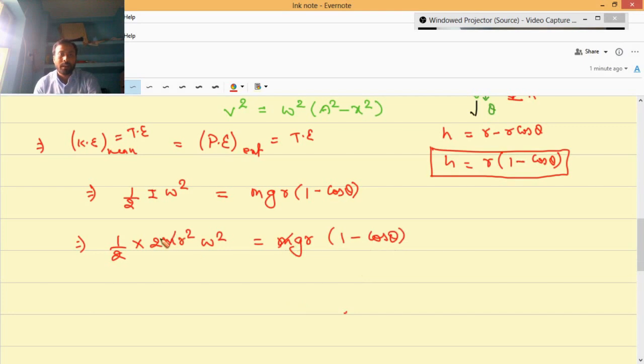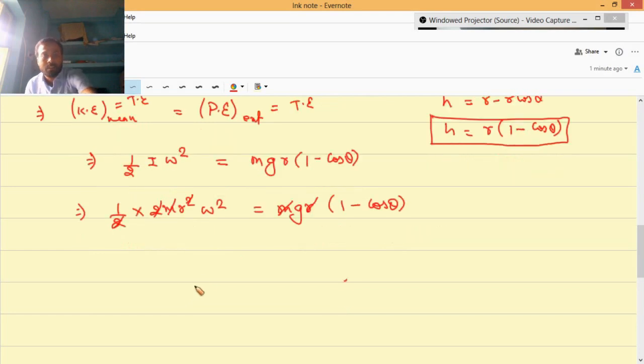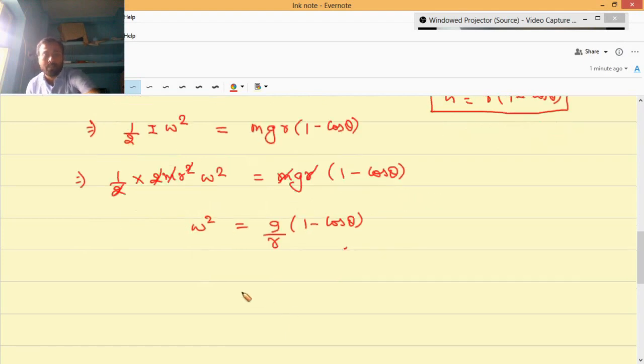So we can cancel m and m, 2 and 2, and r and r. What is left here is omega square equals g upon r into 1 minus cos theta. So from this we can evaluate the value of omega square.